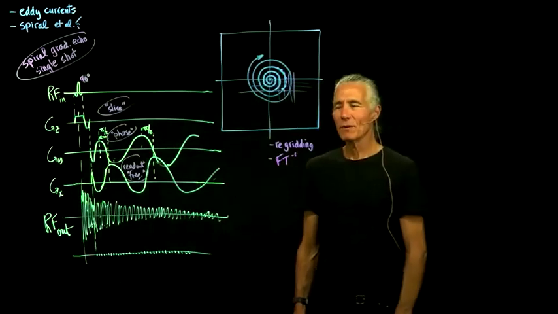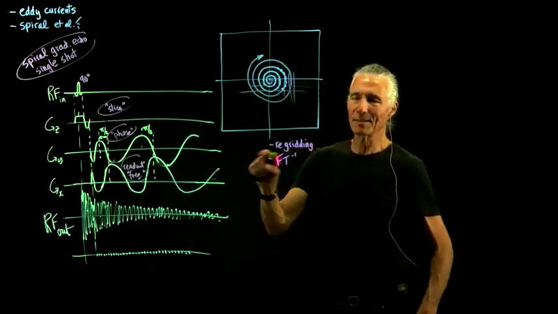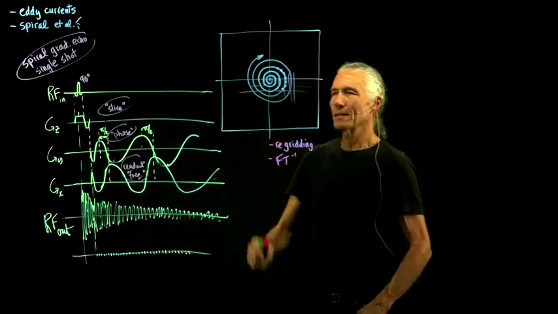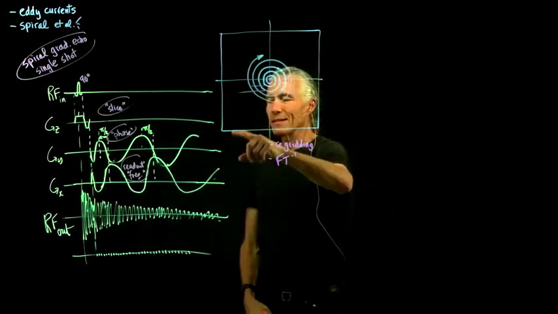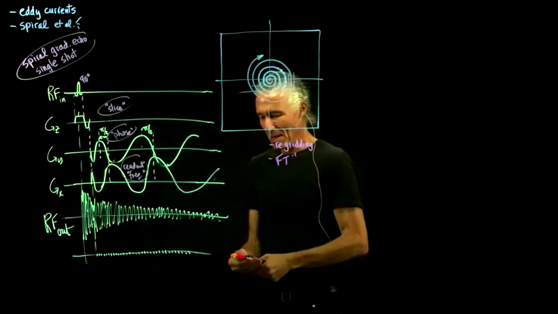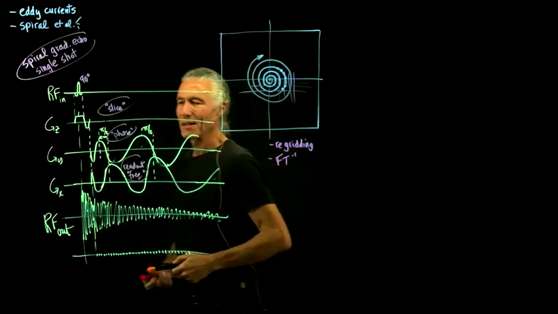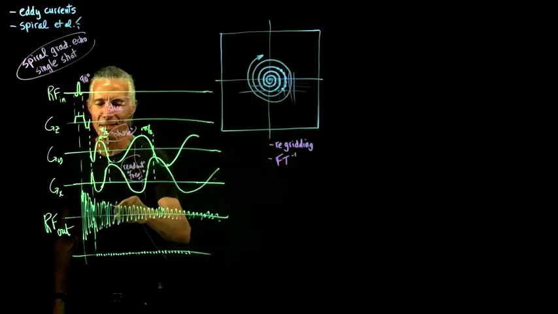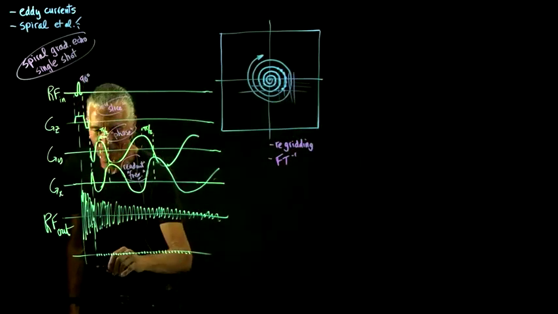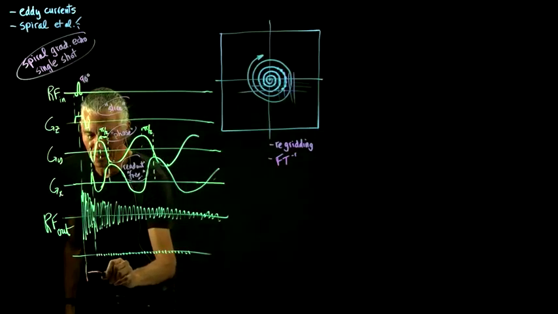If we were trying to do fMRI with this, it wouldn't be very good because we're starting in the center of k-space. So what is the effective TE? The effective TE would be very short, like this.